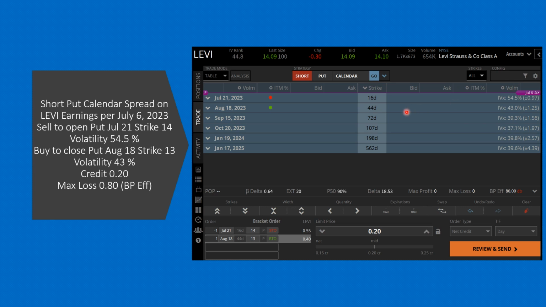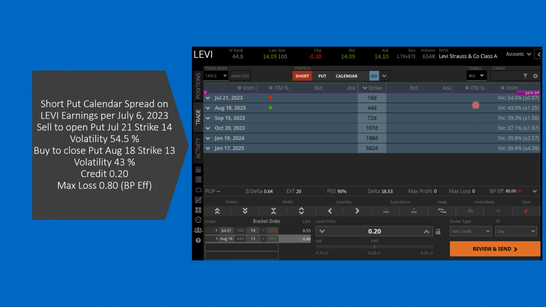So in other words, I give these two examples where I sell to open the put July 21st and buy the August 18. So I have a credit here of 0.2, just because I profit from the volatility.